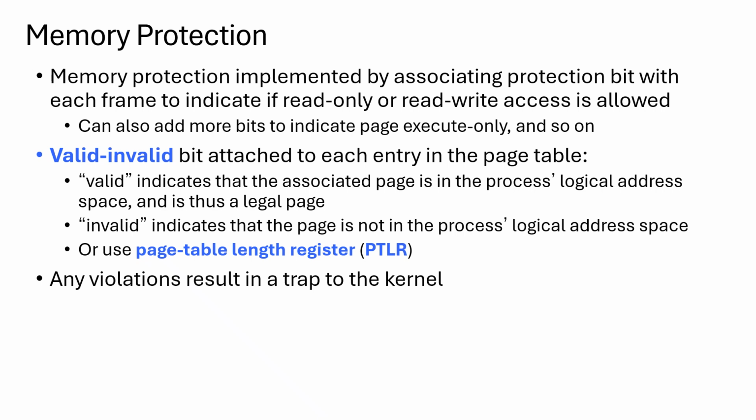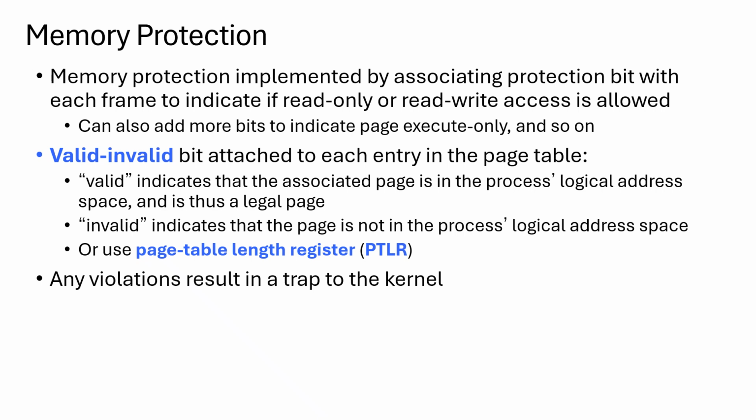Then memory protection. How do you protect the memory? Memory protection is implemented by associating a protection bit with each frame to indicate whether access is read-only or read-write. The particular frame is for read-only or read-write. Then we have a bit called the valid or invalid bit in each page table entry. The valid bit indicates that the page is in the logical address space and thus it is a legal page.